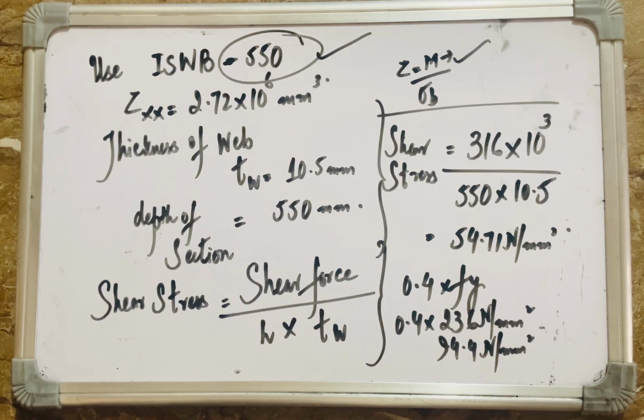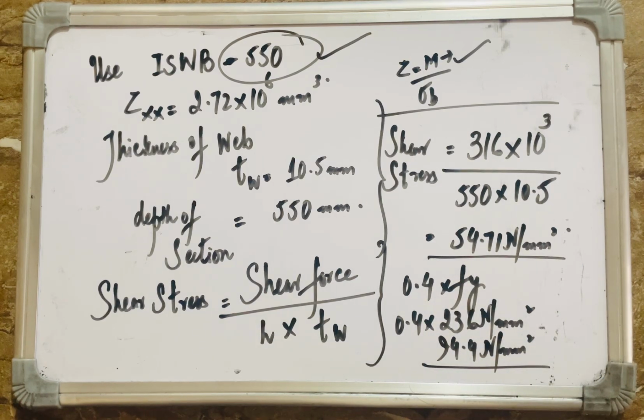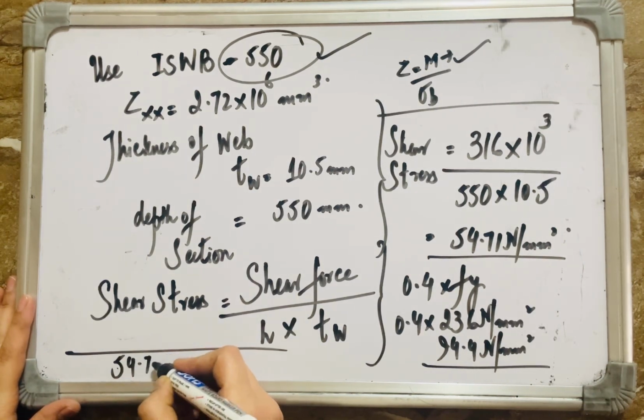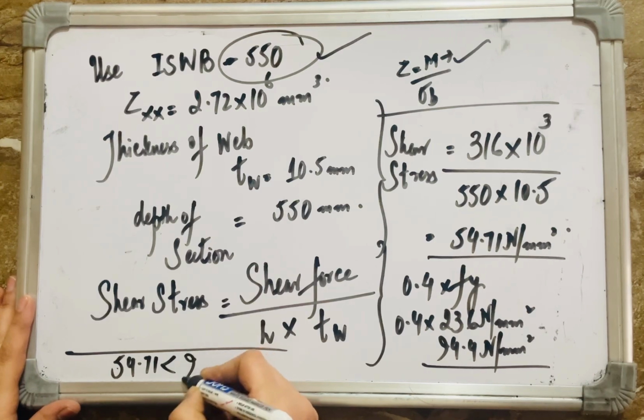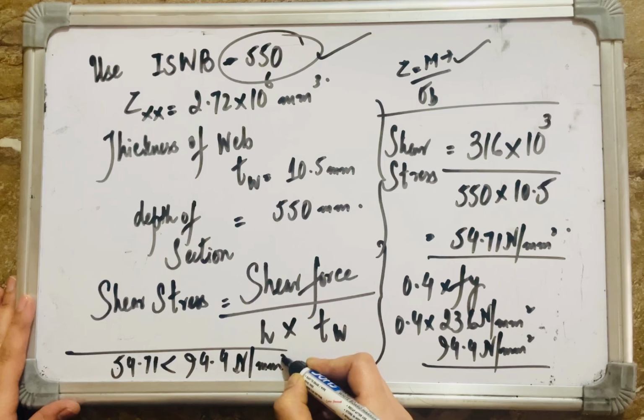For these sections it has the capability of absorbing shear stress equal to how much? 94.4 N/mm². But how much is coming on it? 54.71 N/mm². So our section is safe because 54.71 is less than 94.4 N/mm², hence safe.